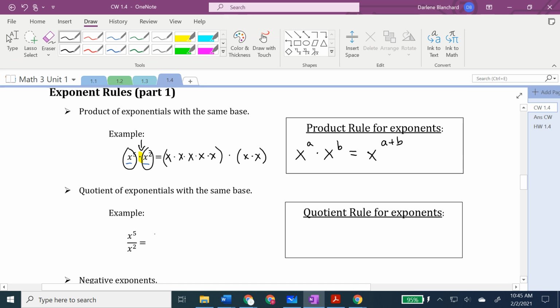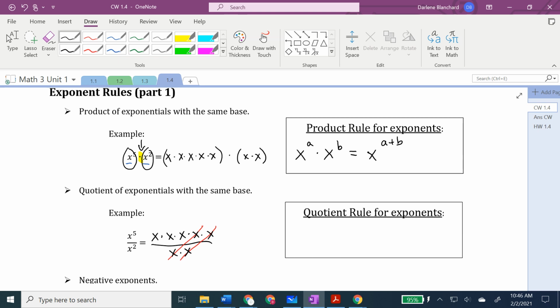Then when it comes to a quotient, if you take a look at the picture, you can see that you've got a cancellation. You were multiplying by 5 x's, but you're taking away 2 of them because you're dividing by 2 of them.